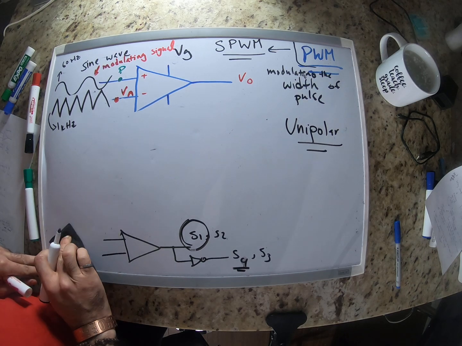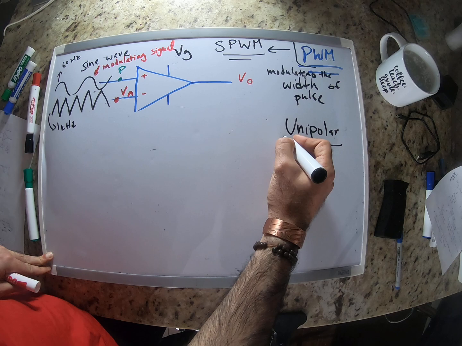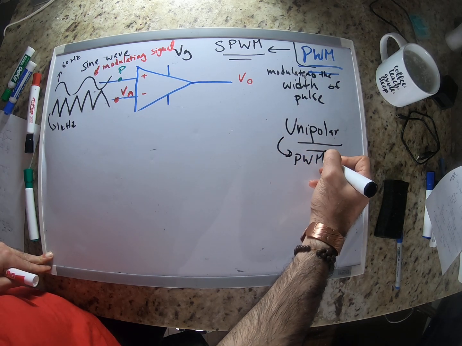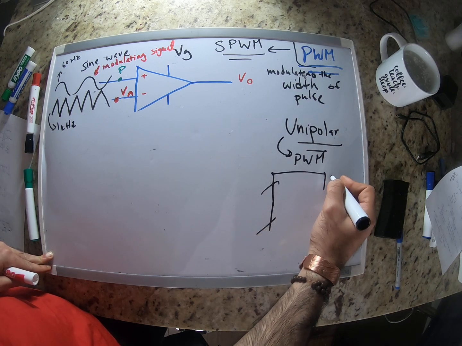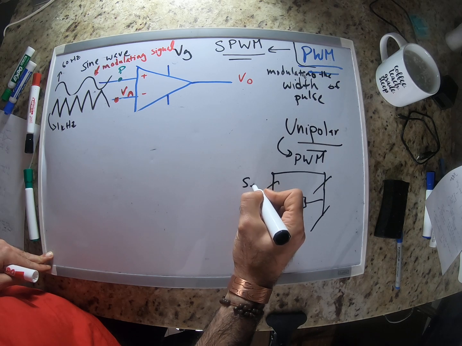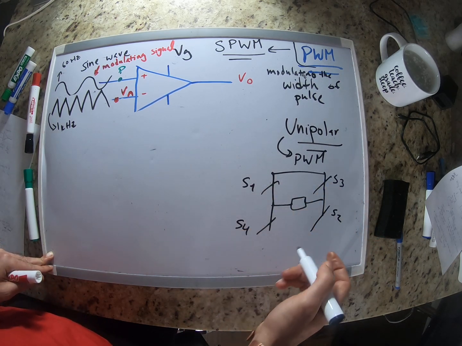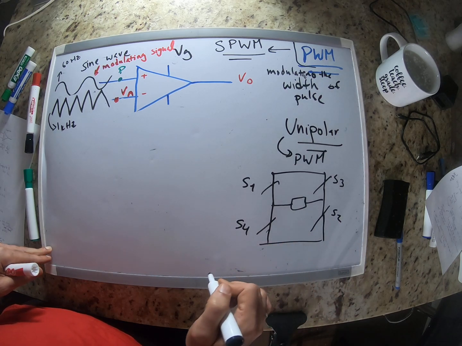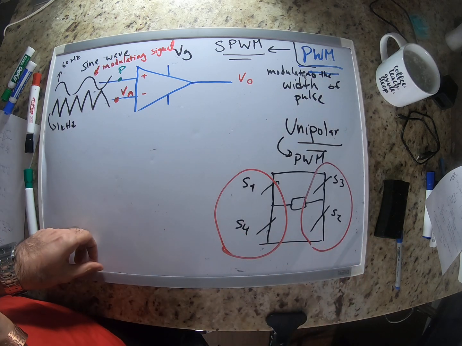In unipolar, we would have two different PWMs, because you remember that we had, let's say, four switches. This is our load, right? This is S1, this is S3, this is S2, this is S4. In unipolar, this leg and this leg would be independent.